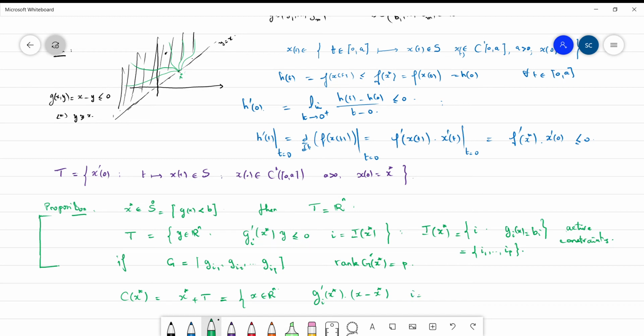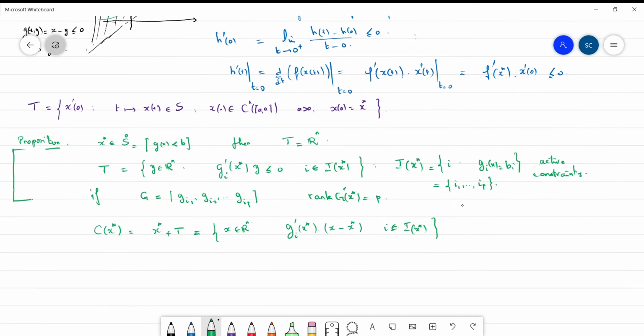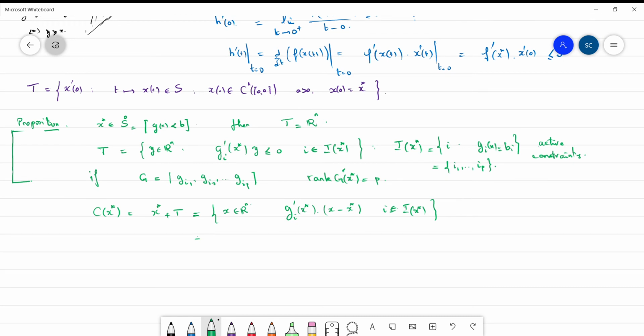With i belonging to I of x star, or we can also write it differently using the capital G: the x in Rn such that G prime at x star dot (x minus x star), for i belonging to I of x star.